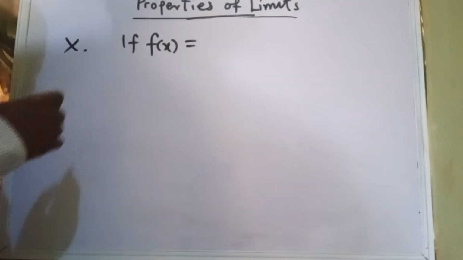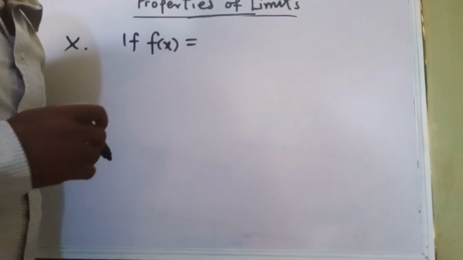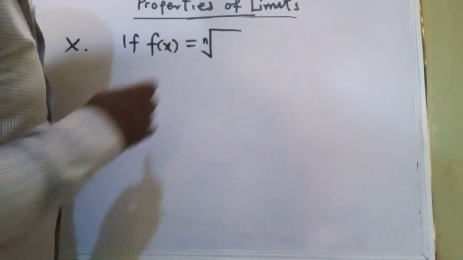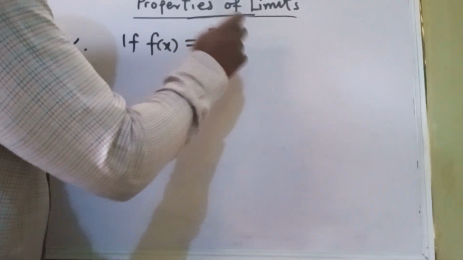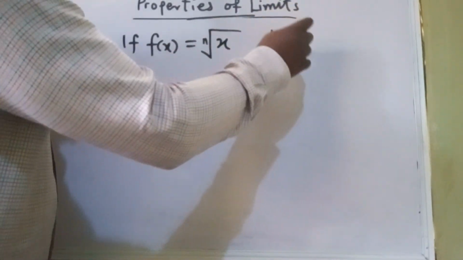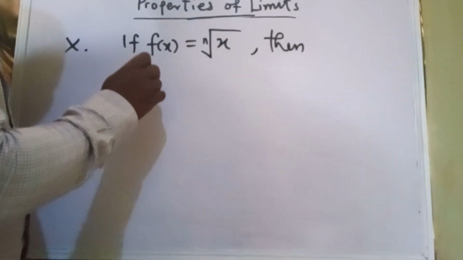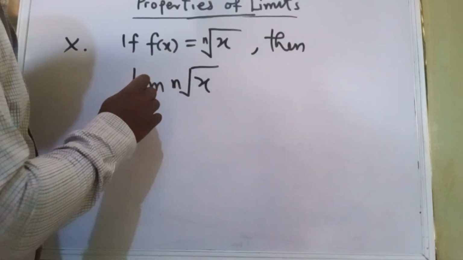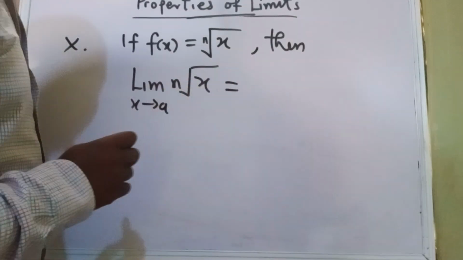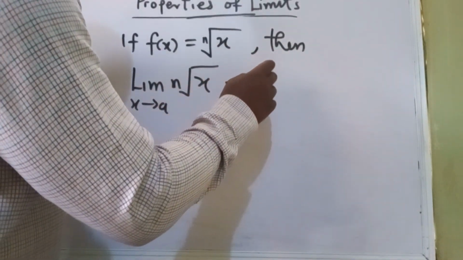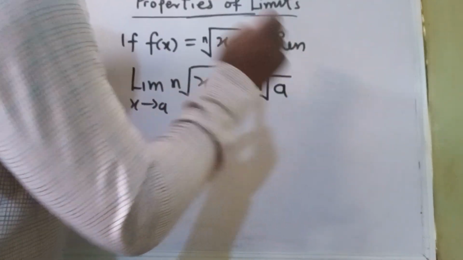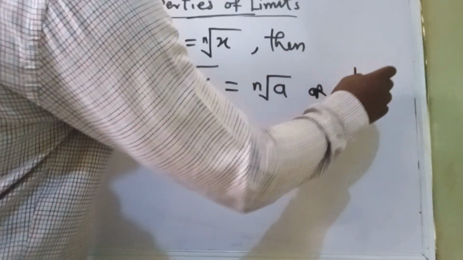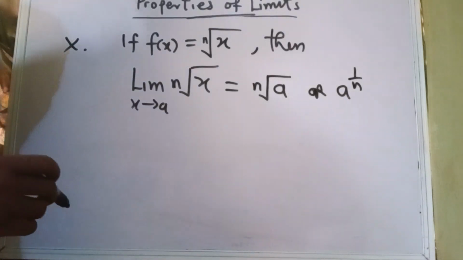Again, one of the special limits is if f of x is the nth root of x, then the limit of the nth root of x as x tends to a will be equal to the nth root of a, or a to the power of 1 over n.